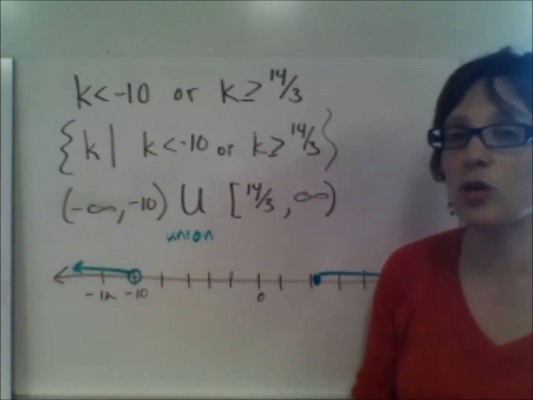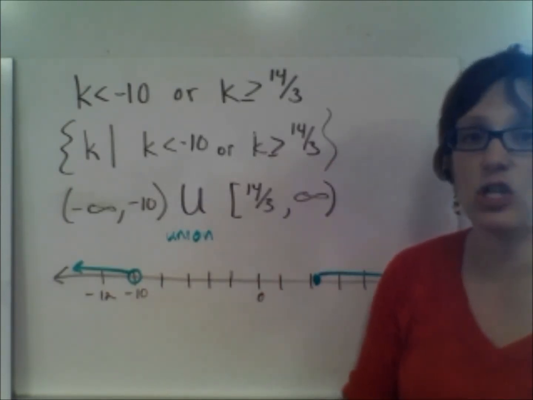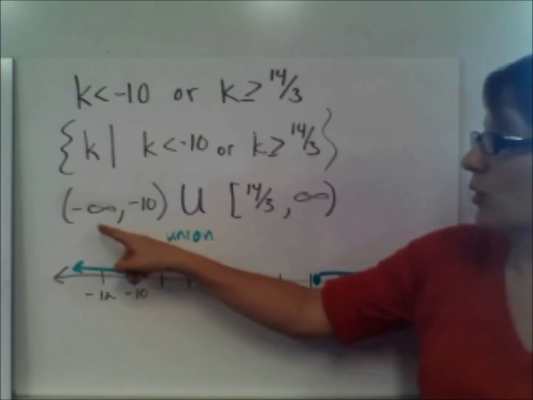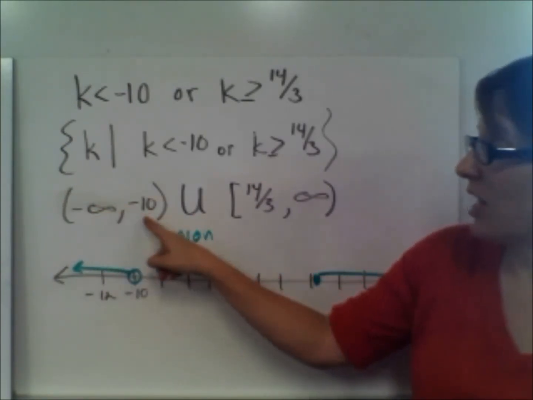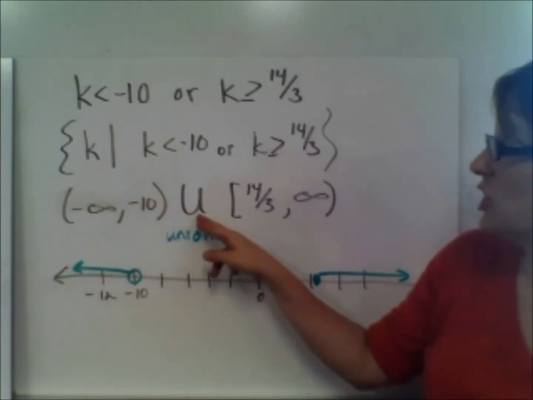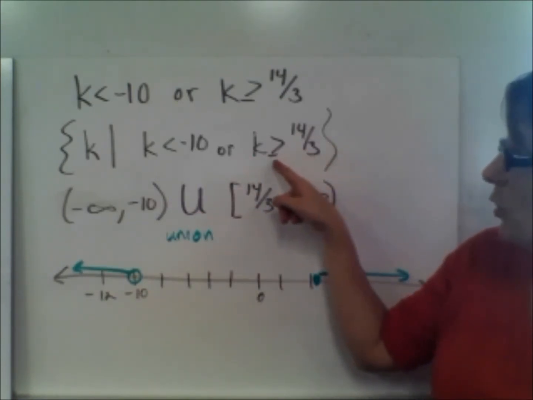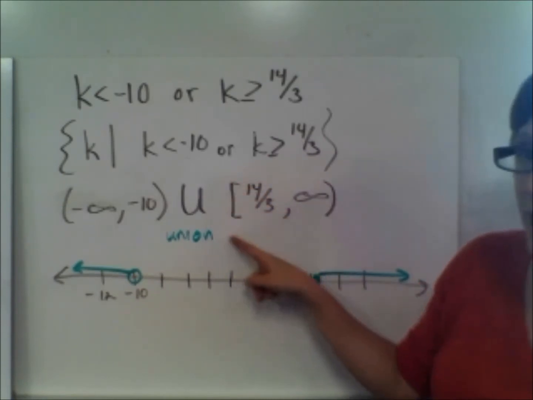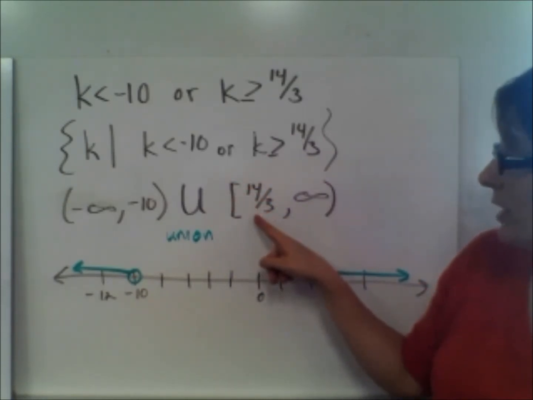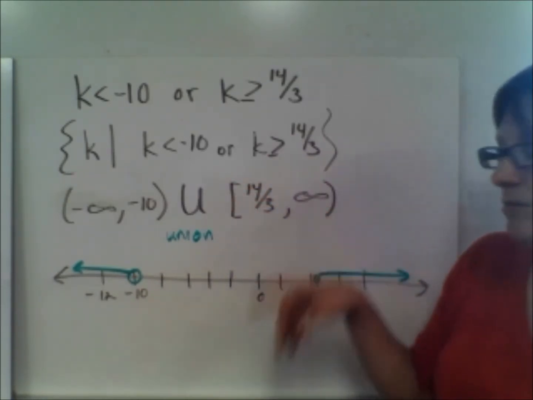Because remember, that's what an or inequality is. It's the union of two graphs. So negative infinity, comma, negative 10, the union with k is greater than or equal to, so I have the bracket, 14 over 3, comma, infinity.